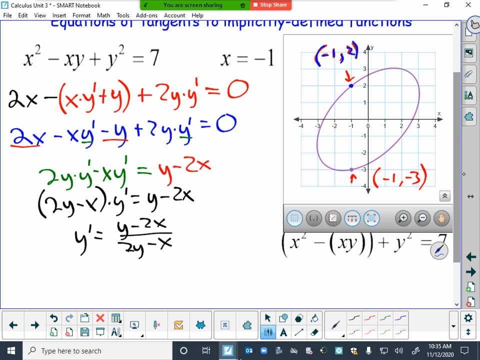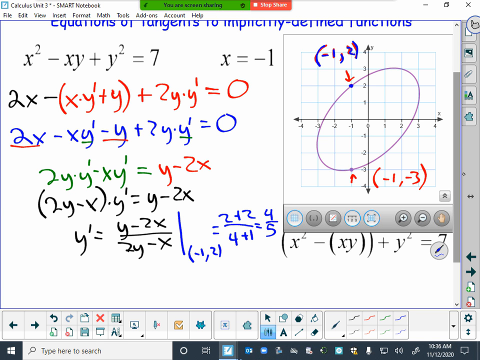If I evaluate this at the point -1 comma 2, I'm going to get 2 plus 2 over 4 plus 1. That gives me a slope of 4/5. I believe that. It looks like it's fairly close to 1, but not quite.